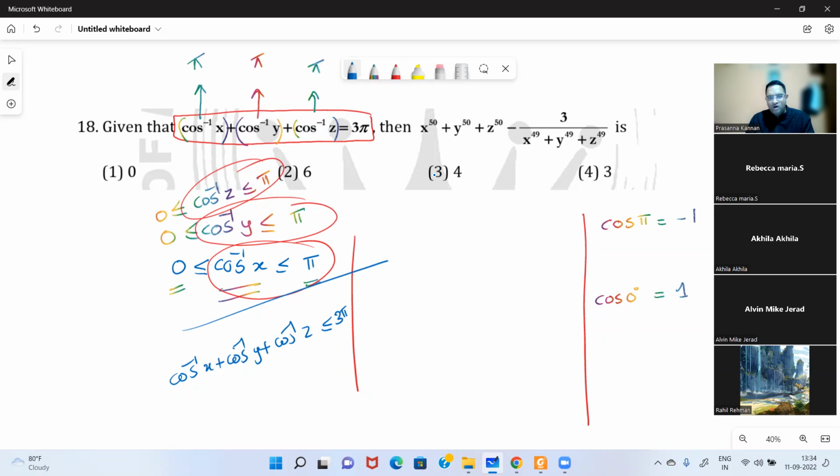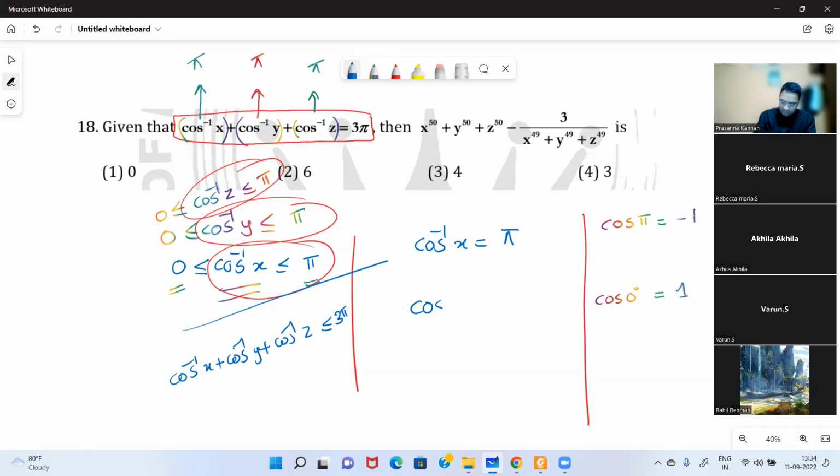So like that, cos inverse x maximum value it can take is pi. Cos inverse y maximum value it can take is pi. Cos inverse z maximum value it can take is pi. If you add three of them, you are getting 3 pi, means each one of them should have taken their maximum value. Yes or no? Therefore, once you understand this idea, then the sum is very simple. Cos inverse x is pi.